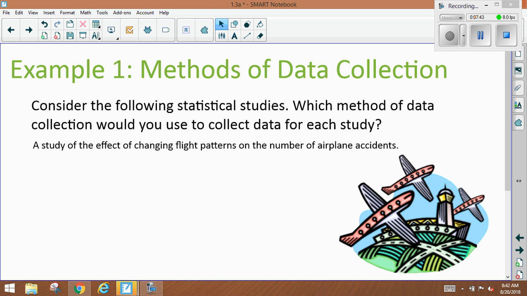You're probably not going to have a lot of examples like that. It's going to be hard to get some data. So in that case, a simulation would be better, because you could get a computer to do the thing hundreds of thousands of times and see what the result is.